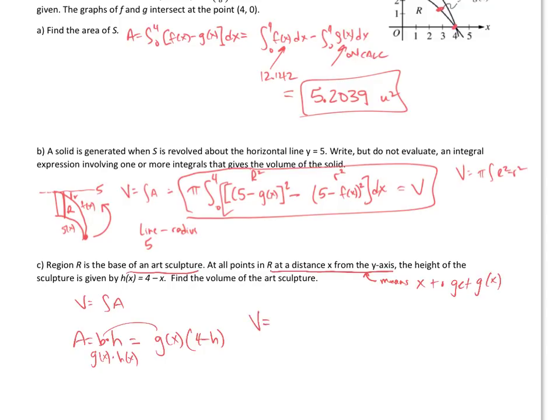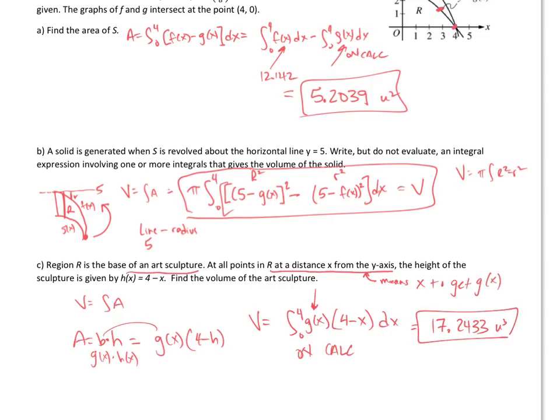So the volume is going to be the integral from 0 to 4 of g of x times 4 minus x dx. We'll put this on our calculators again, since we know what this g of x equation is, and this gives us a value of 17.2433 cubic units.